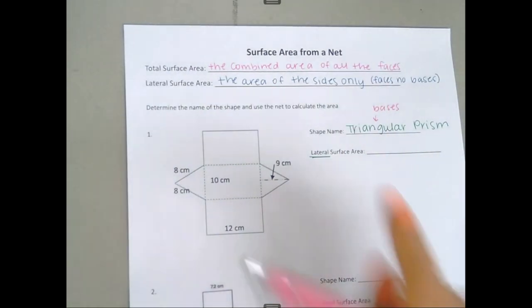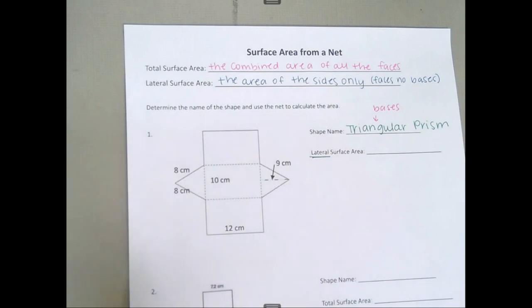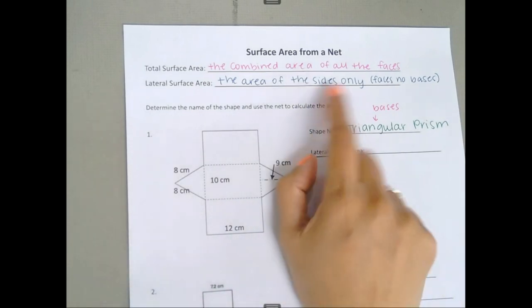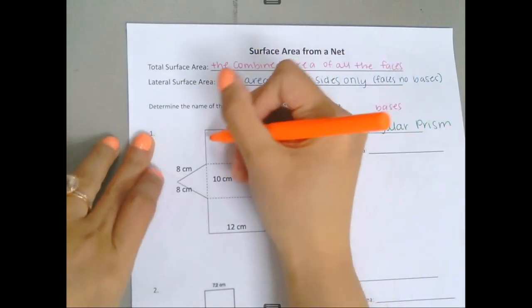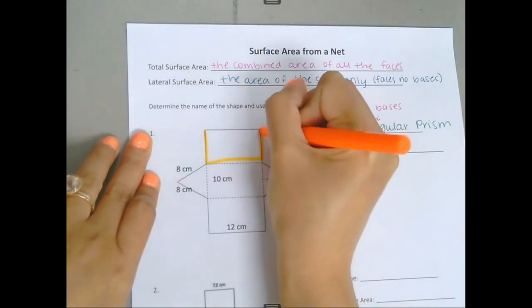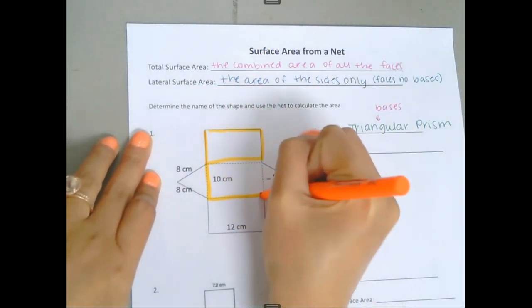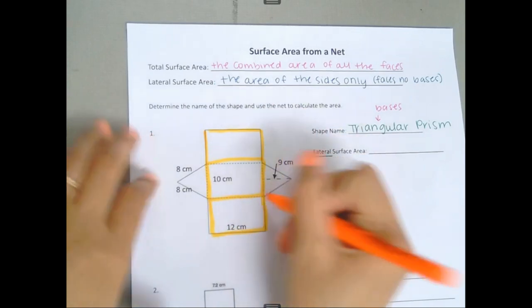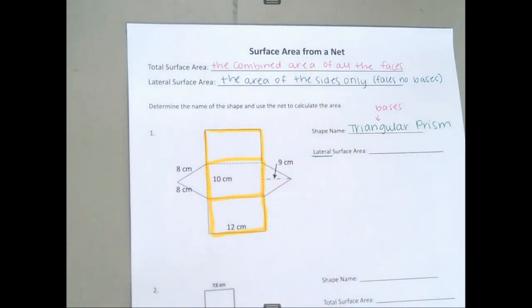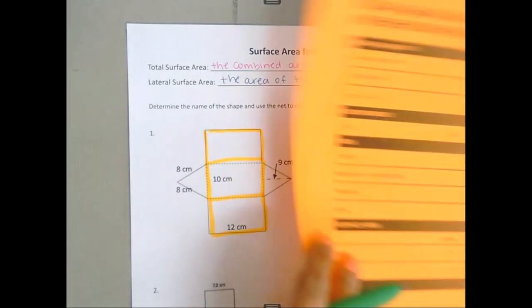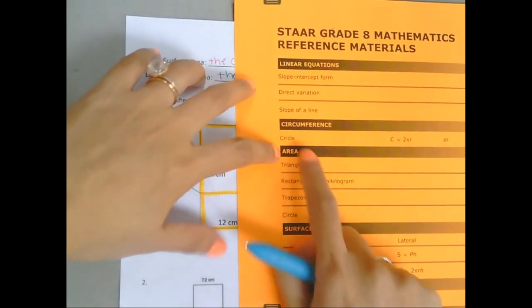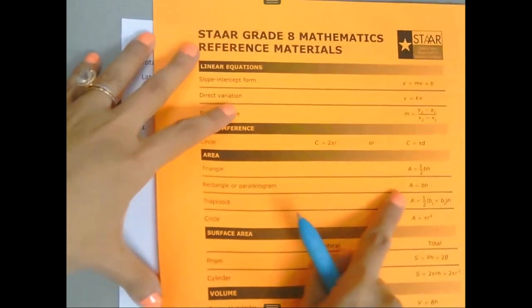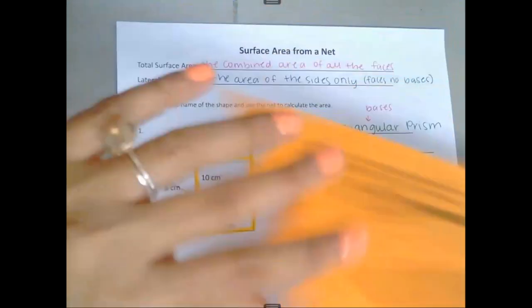But it wants us to find the lateral surface area, so I only need the sides. So if my triangles are my bases, then I need to find the area of the 3 rectangles. So I have my formula chart, and it says area of a rectangle is A equals BH.